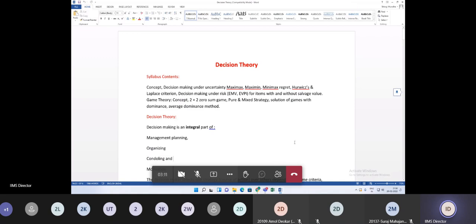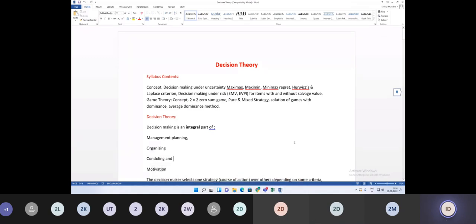We already discussed the concept of decision theory, because many times in real life situations we have to take decisions. If there is more than one criterion, then only is a decision required.